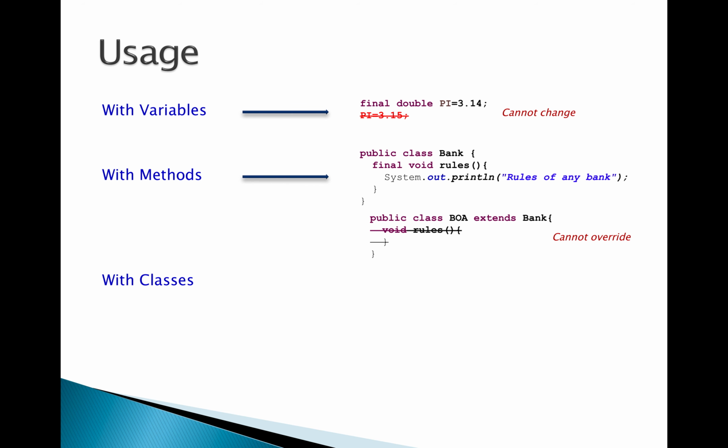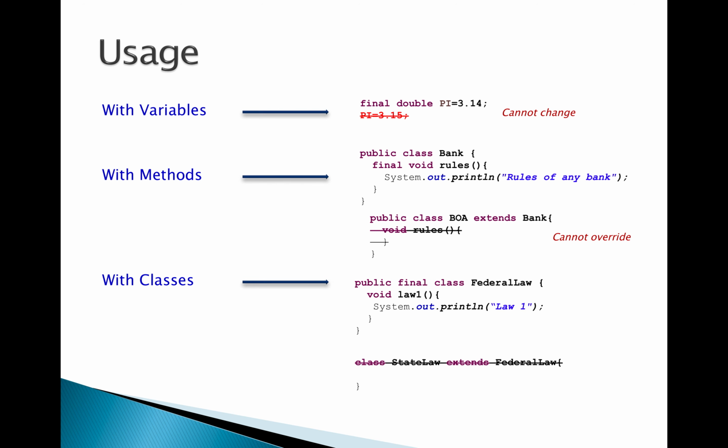The last thing is you can use the final keyword with classes. When you make a public final class FederalLaw, we are saying this class is the final class and no one can inherit it. The concept of inheritance is you can subclass this one and add more functionalities.